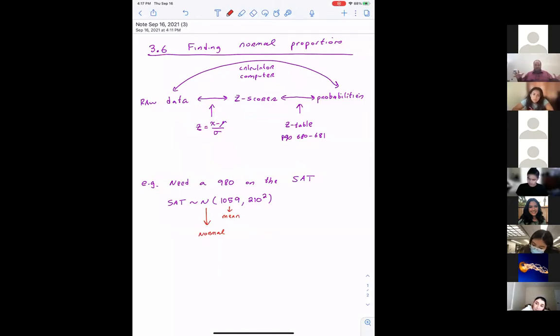This line is talking about SATs in general. There's no actual data that we have in front of us. This is telling us that SATs have a distribution that is normal. The mean is 1059.